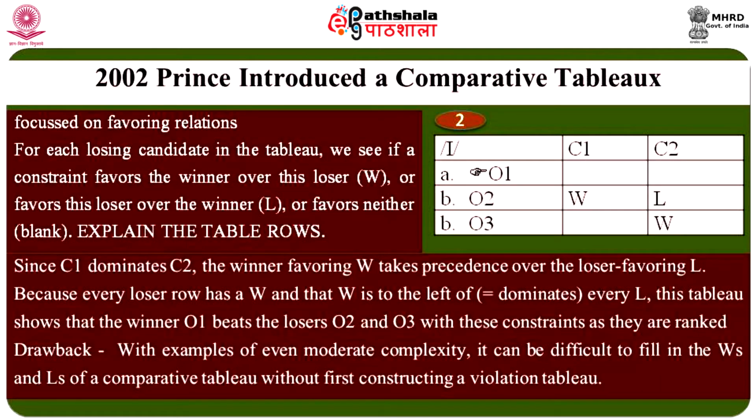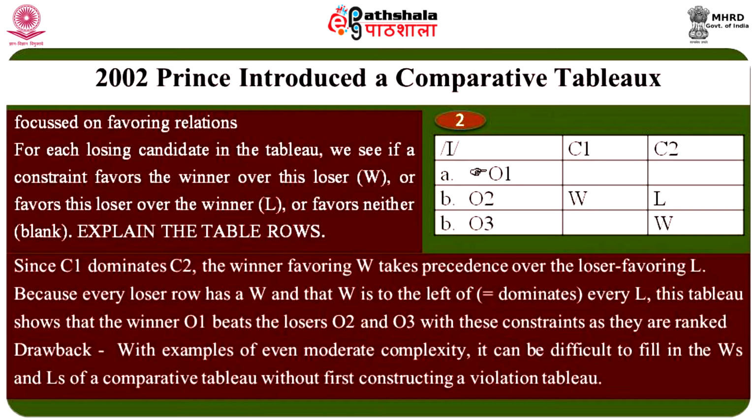Prince in 2002 introduced a comparative table which focused on favoring relations. For each losing candidate in the table, we see if a constraint favors the winner over this loser, or favors this loser over the winner, or favors neither. You can see the example in table 2.